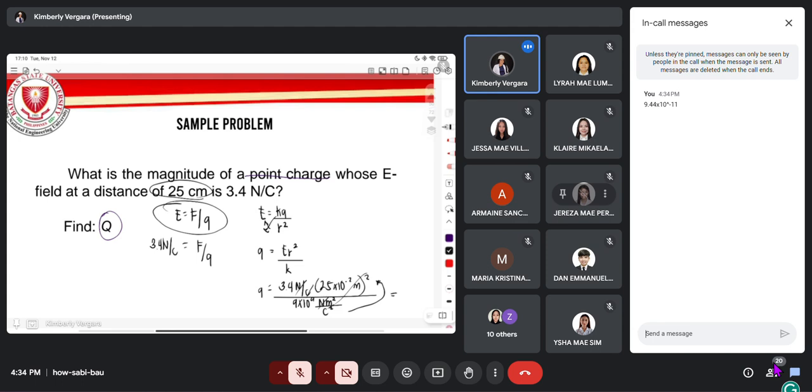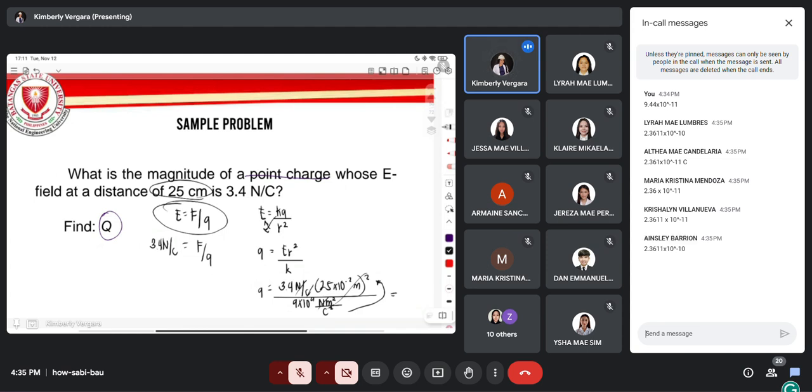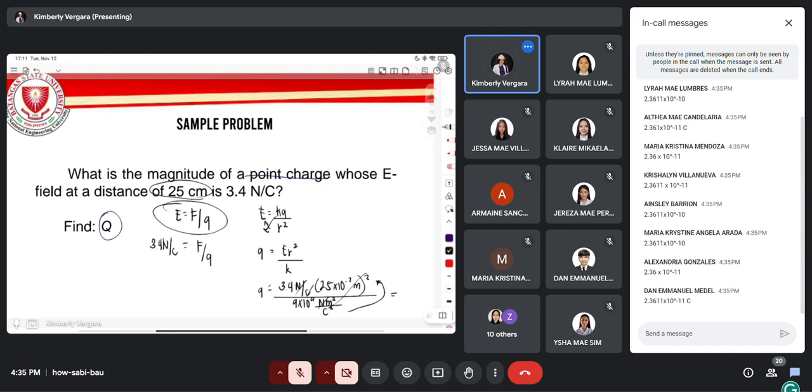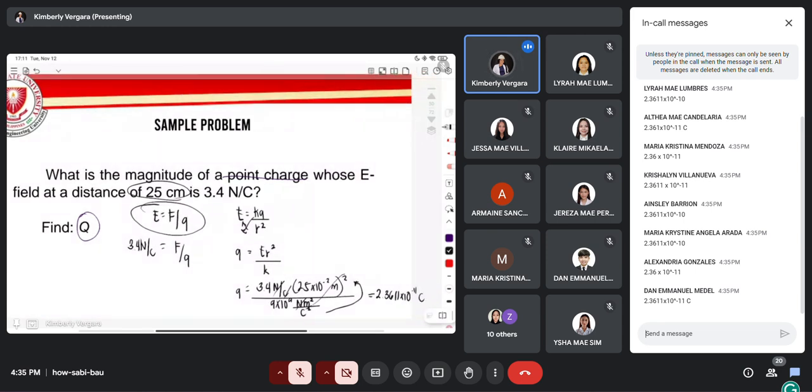Okay, may nakapagsagot na: 9.424 times 10 raised to negative 11. How about the others? 2.36. Okay, so 2.36 times 10 raised to negative 11 Coulomb.